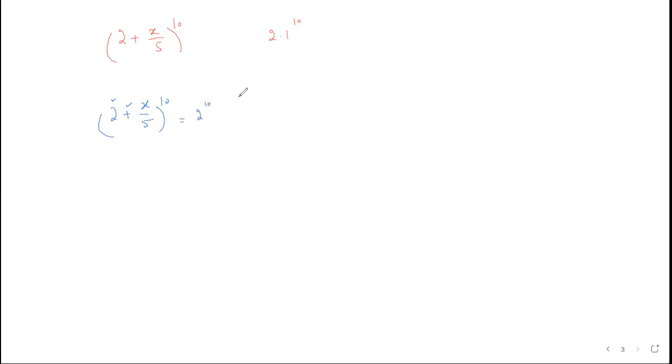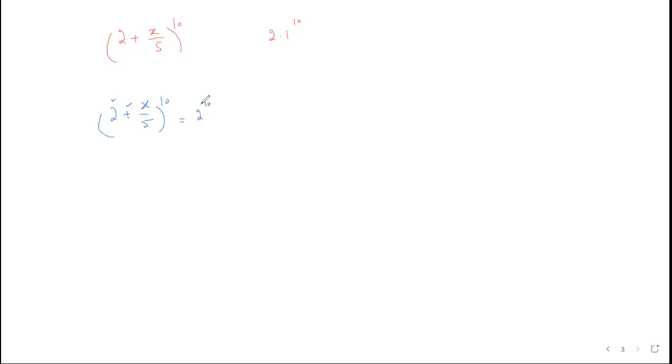2 power 10. So now you see, when we have this kind of situation, the solution will be a little bit difficult, because we will also be getting a bigger number from the 2 with the power.